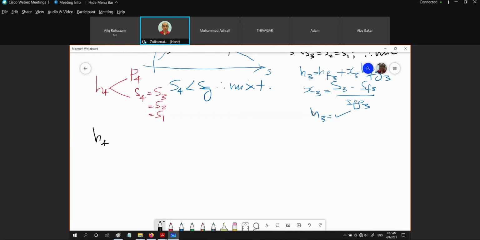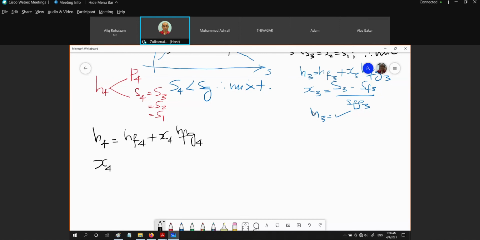So H4 is equal to HF4 plus X4 HFG4. Then you need to get your X4.